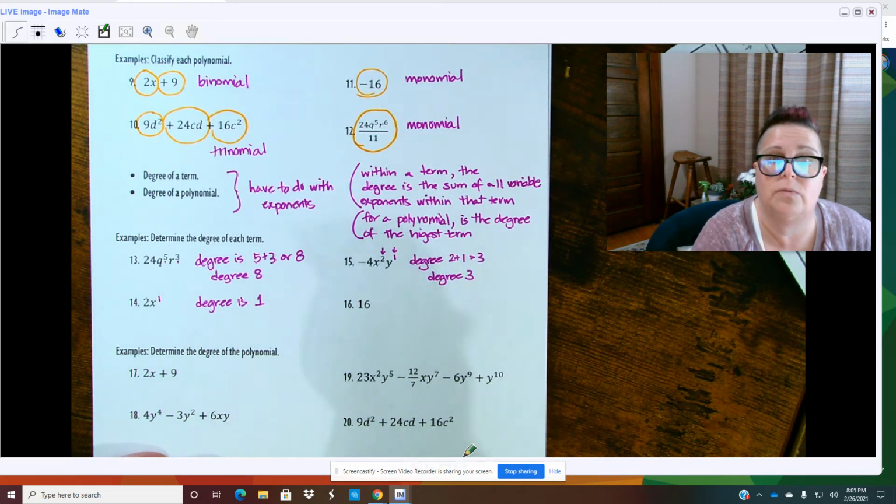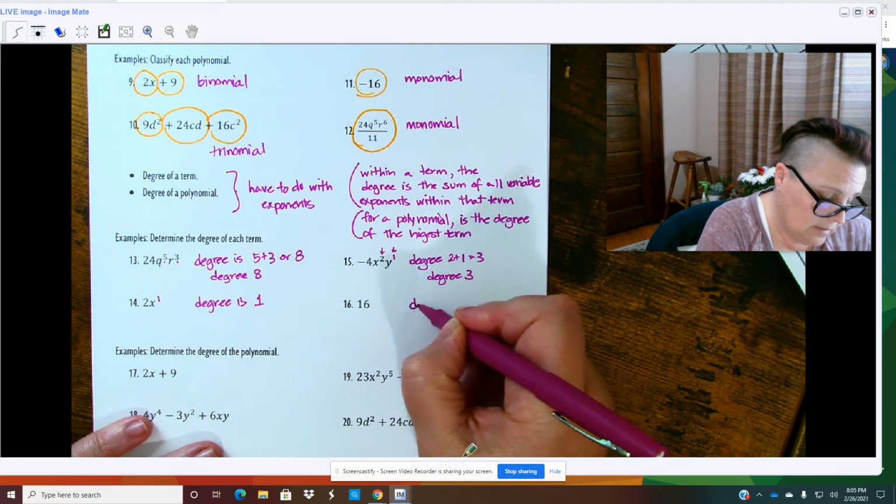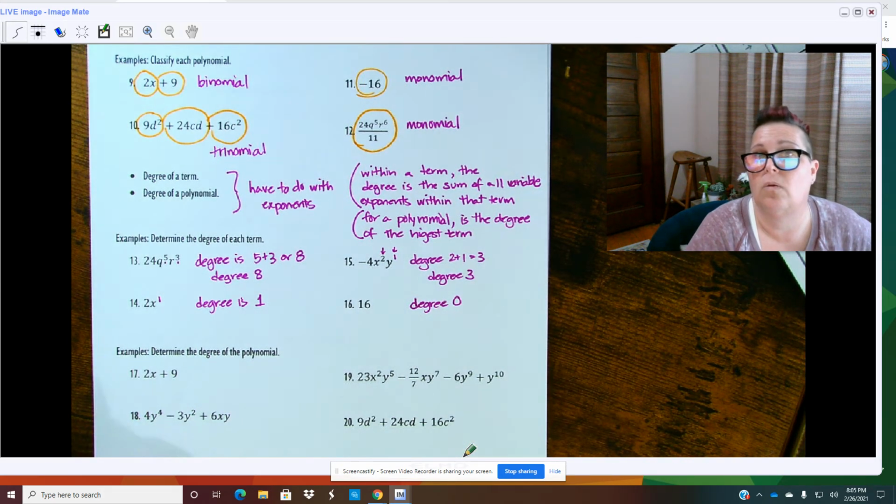So what happens when we get a number like 16? 16 does not even have a variable on it, right? So 16 is degree 0 because there are no variables on it. Therefore, it cannot have an exponent.